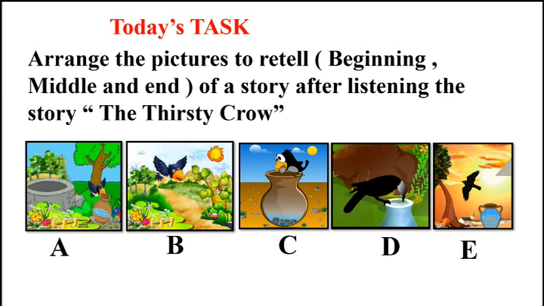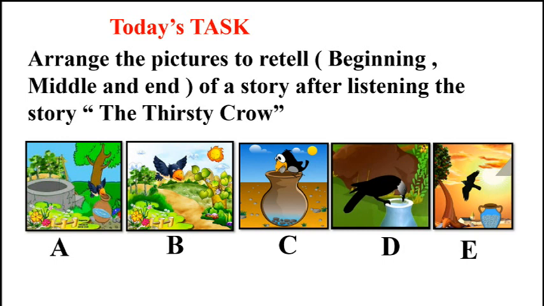Now I'm going to read the story again. Thirsty Crow. There was a crow which was very thirsty. He searched for water everywhere. At last he saw a water pot near a well. He looked inside the pot. There was a very little water in the pot.